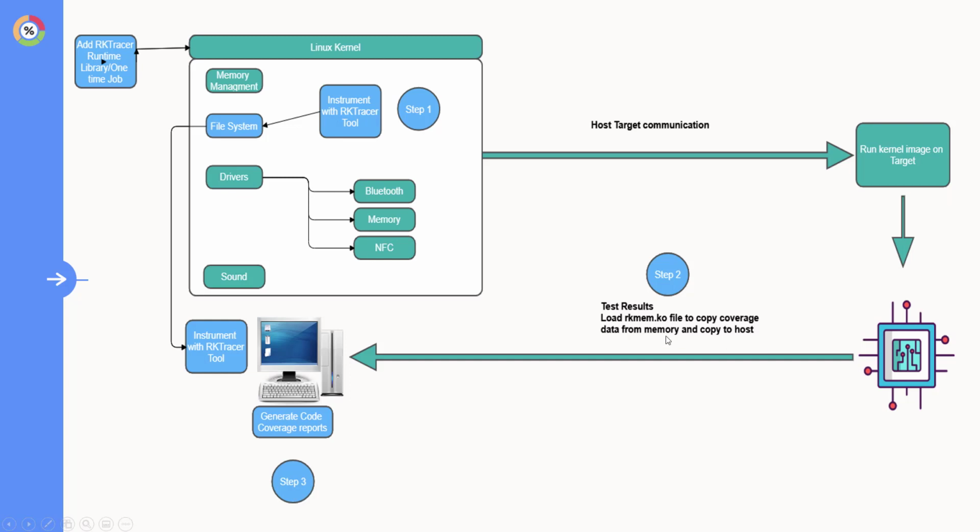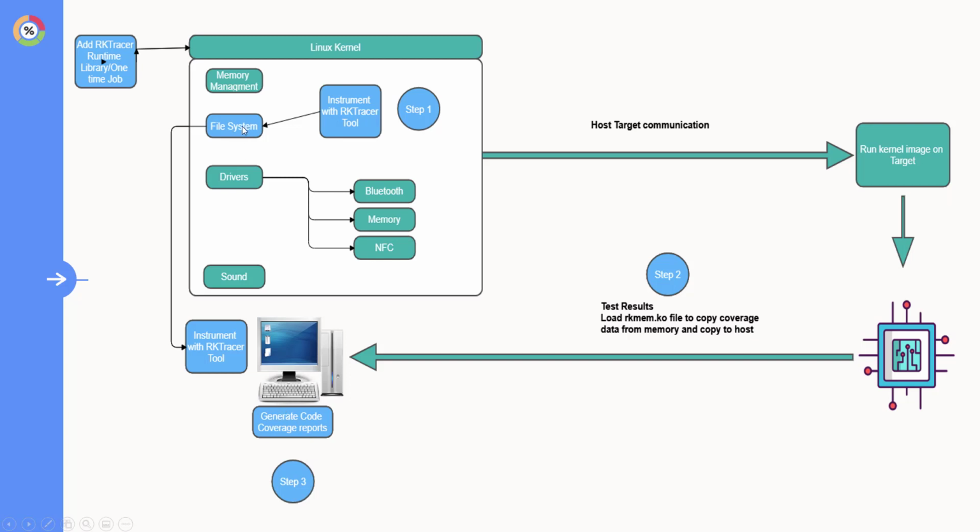Then the code coverage will be stored in the rkmm file, so that we can copy it. Basically, this rkmm.ko file is going to help us get the code coverage from the memory. The code coverage is already in the memory, so this file helps us get it out of the memory, and then we copy it to the host and generate the code coverage.